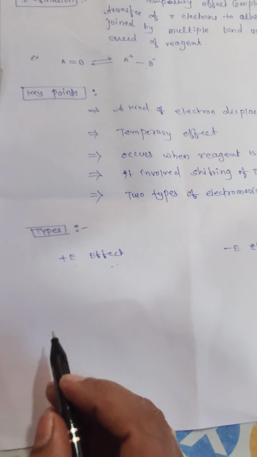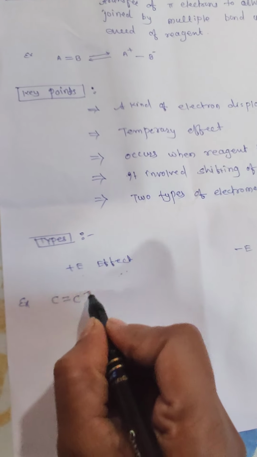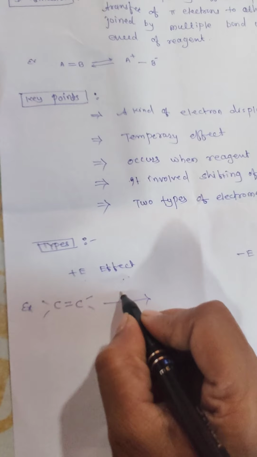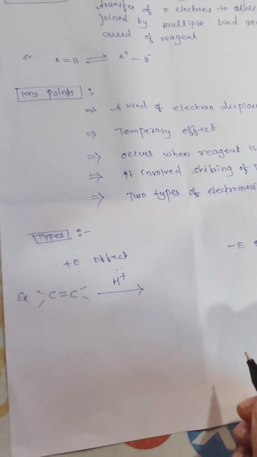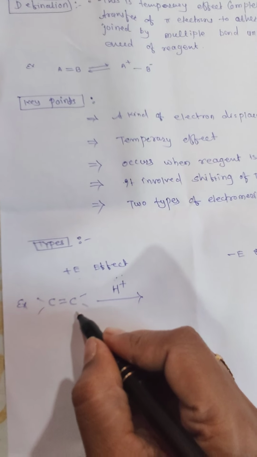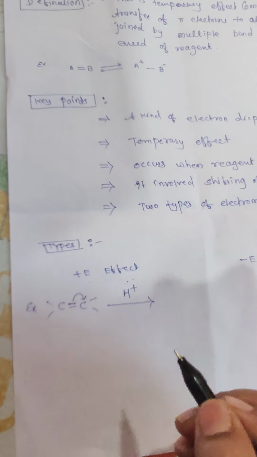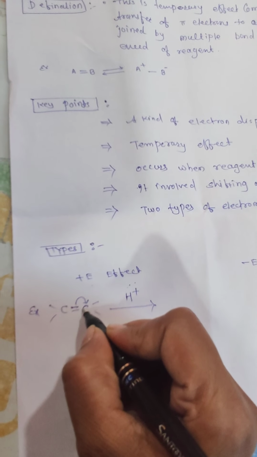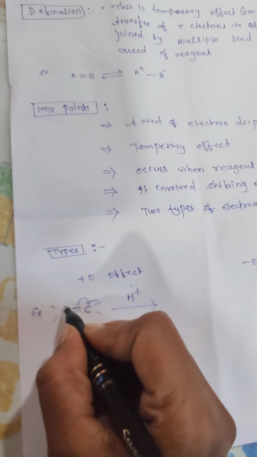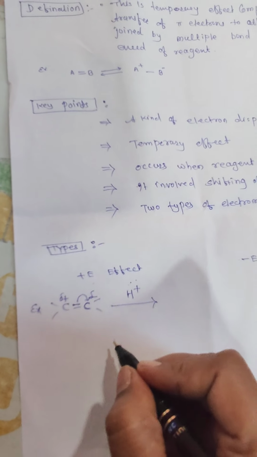We take one example. C double bond C. In this example, the reagent is H plus, which means an electrophile. When the electrophilic reagent is attached here, this pi bond shifts here, and this carbon has a partial negative charge and this carbon has a partial positive charge.